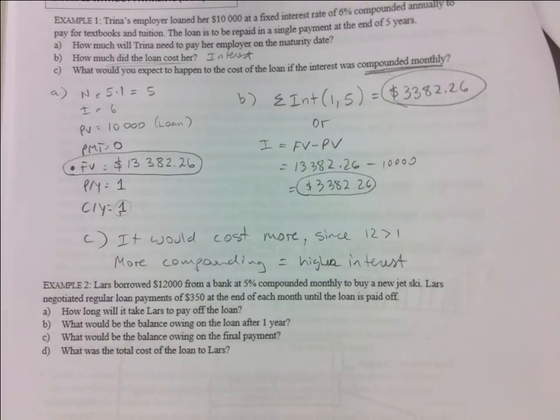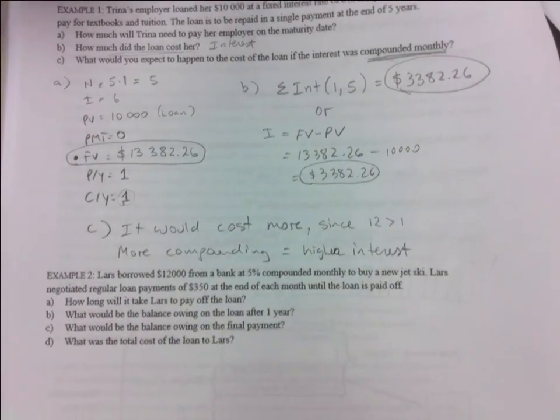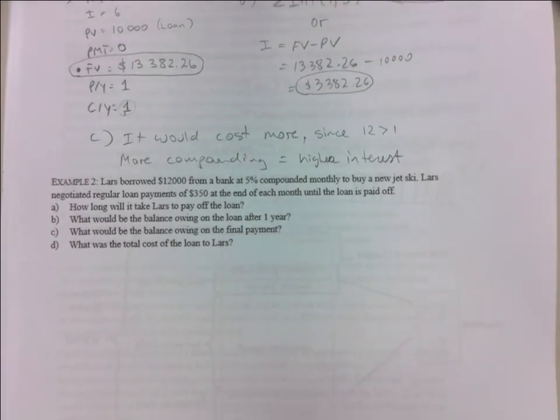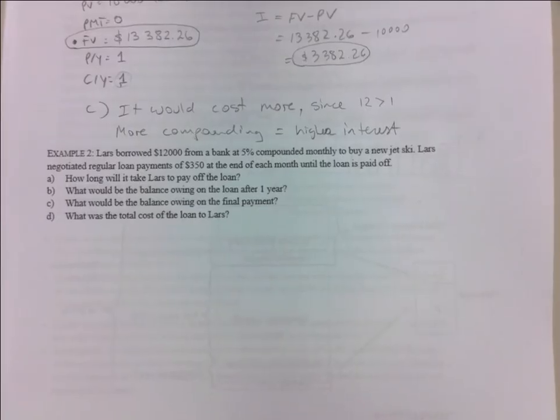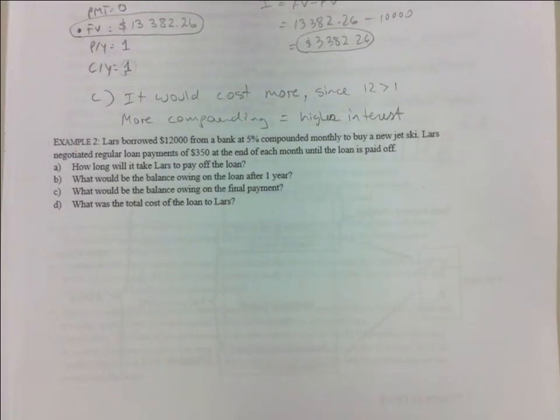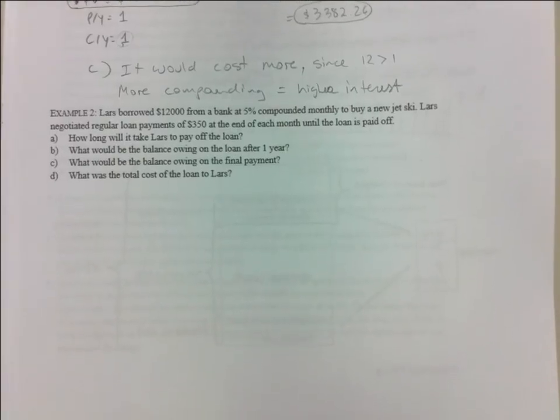More compounding, higher interest. So it's good when you're investing, it's bad when you're paying back. And on a loan, you want the lowest possible compounding period. Same with interest rate. Investing, high as possible. Borrowing, low as possible. Okay, let's go to the more common example here.